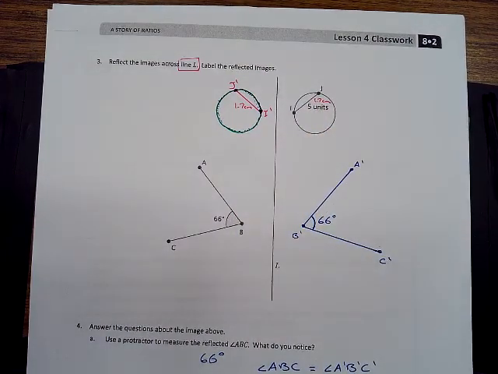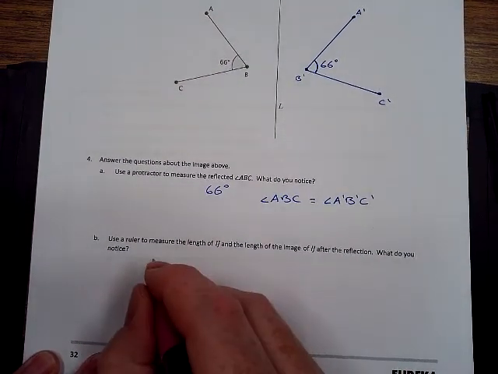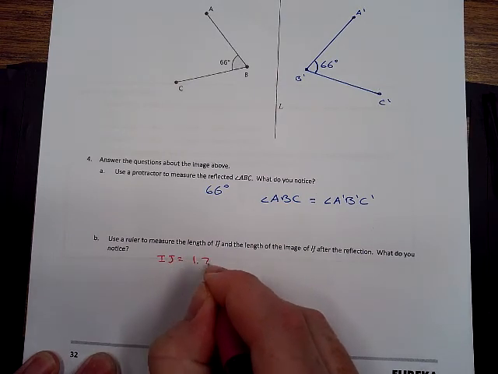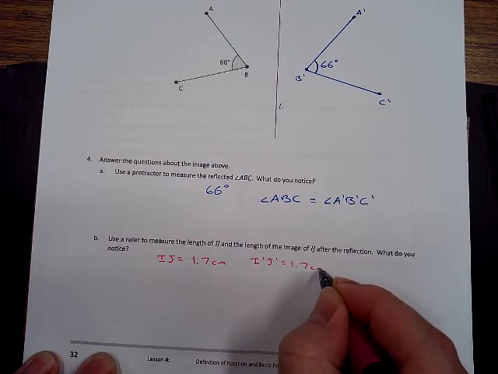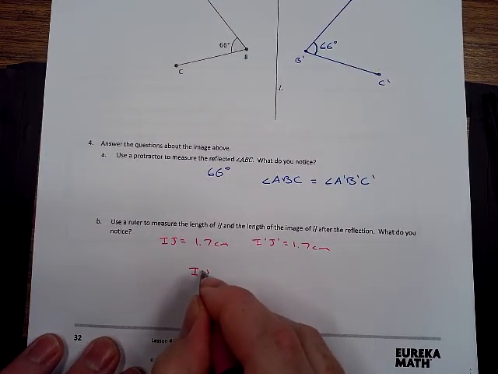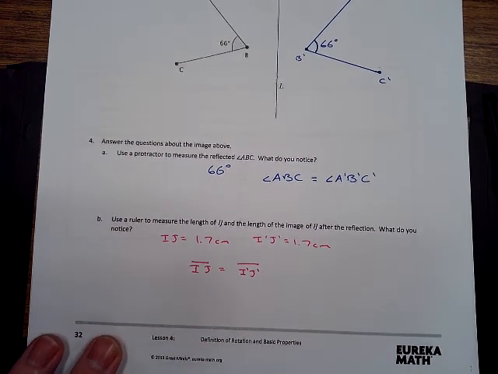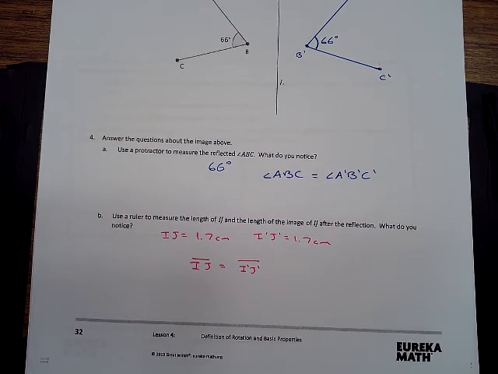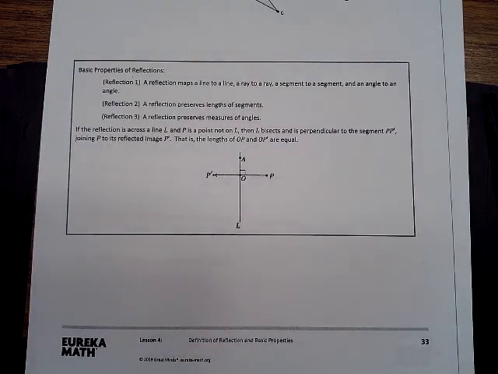They called it 5 units. But the length of both of them, IJ equals about 1.7 centimeters. I prime J prime equals 1.7 centimeters. So you know segment IJ equals segment I prime J prime. But you're not surprised at that because you know reflections do not change size or shape. They're rigid motions. Size and shape do not change. So you already knew it wasn't going to be different. They're just trying to prove that by lots of examples.